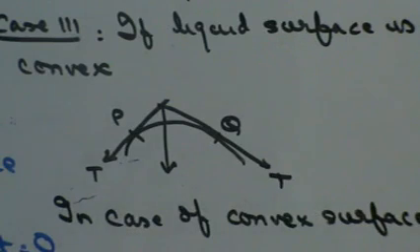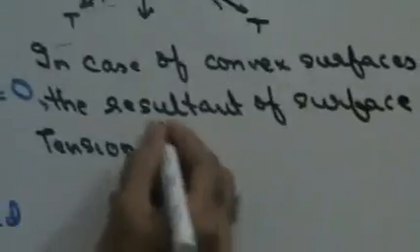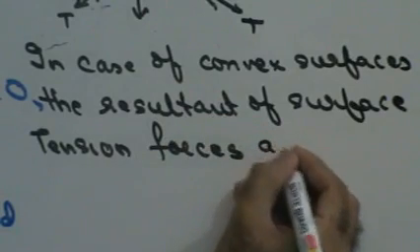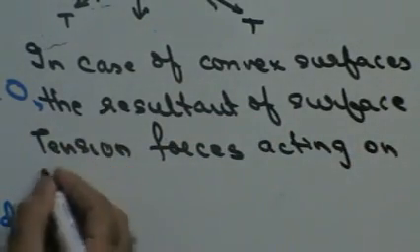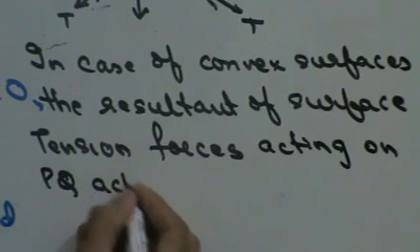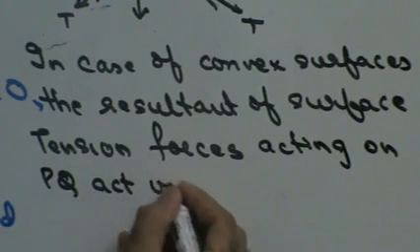So I can say that in the case of convex surfaces, the resultant of the surface tension forces acting on PQ acts vertically downwards.